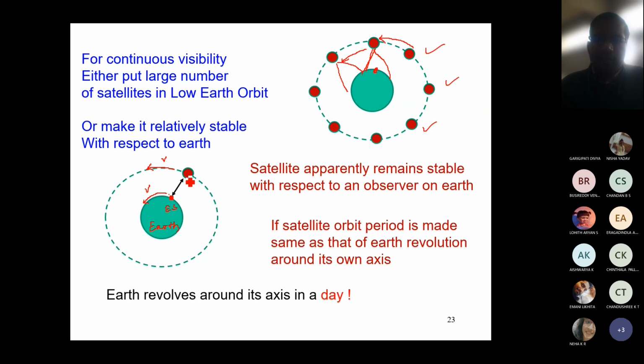Okay, so we had two possibilities discussed, and we discussed that the orbital period, that means the time taken by the Earth to move around itself, should be same as the time taken by the satellite to move 360 degrees.